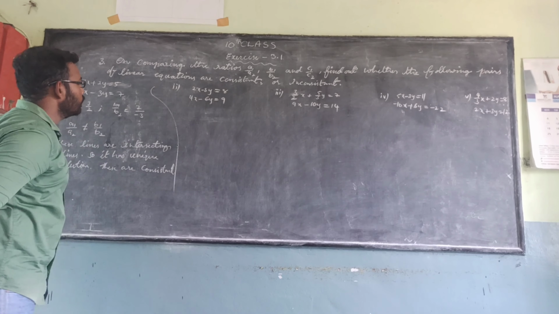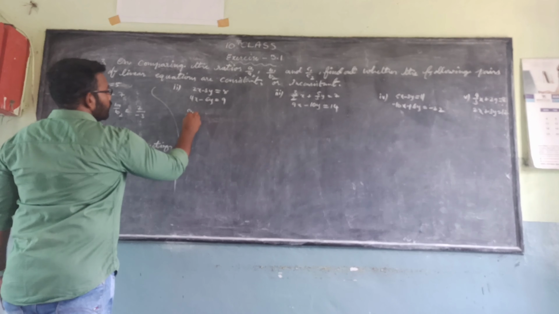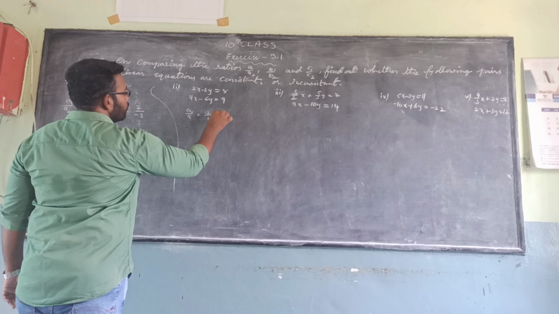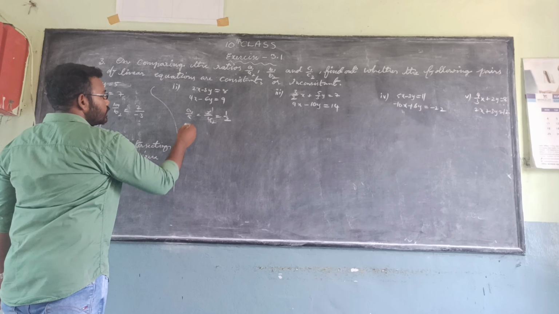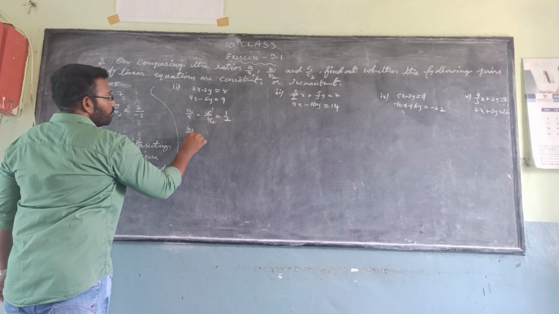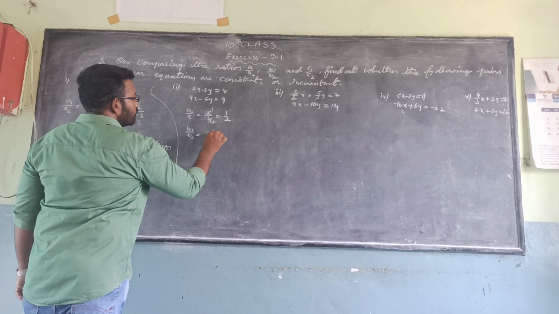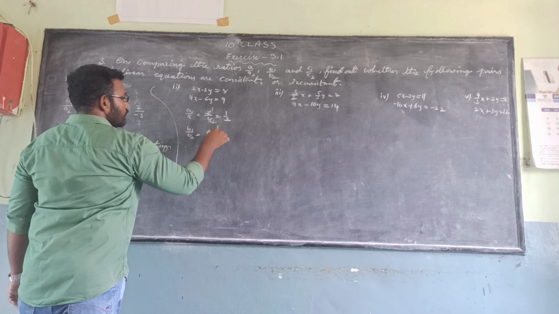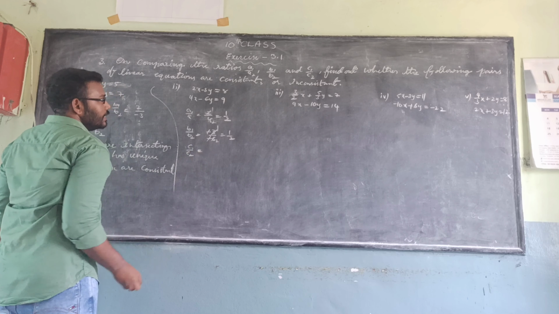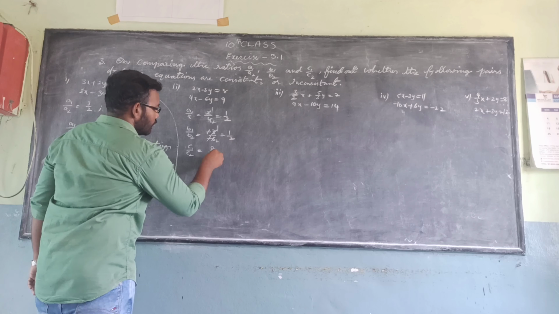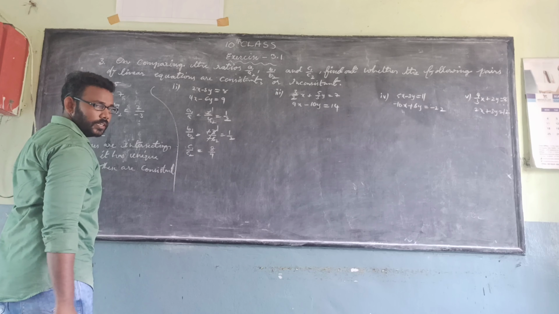Similarly, second one, a1 by a2 is equal to 2 by 4, that is equal to 1 by 2. So b1 by b2 is equal to minus 3 by minus 6. Minus minus cancel, you get 1 by 2. c1 by c2 is equal to 8 by 9. If you observe, you can't cancel it.